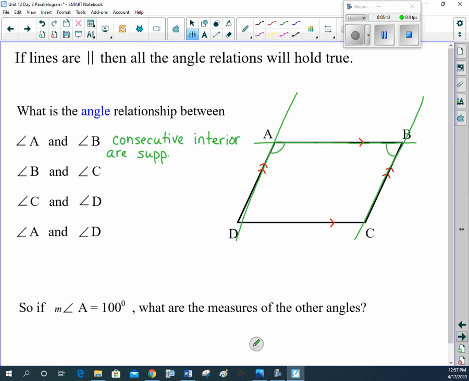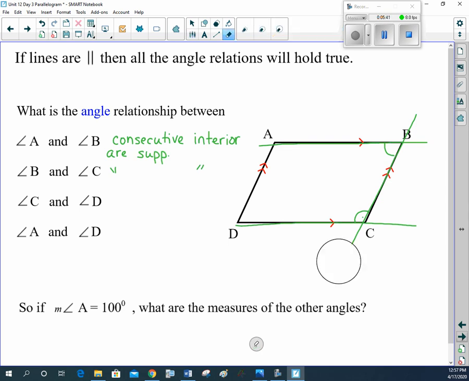Okay, let's look at angle B and C. I feel like we could do the same thing. Here's angle B and here's angle C. This is my transversal. These two are my parallel lines. So those are also consecutive interior angles, and they're supplementary.